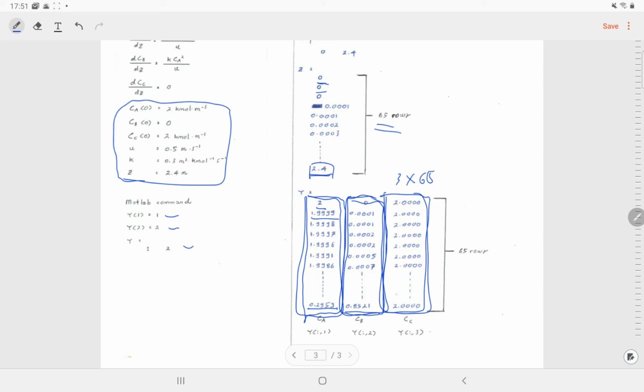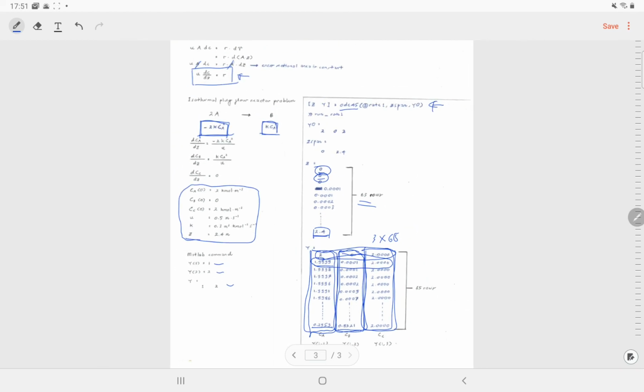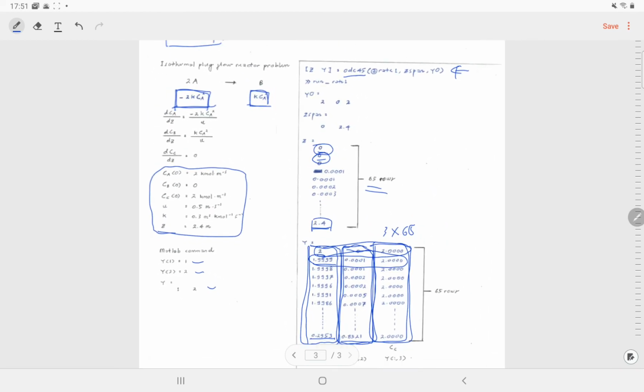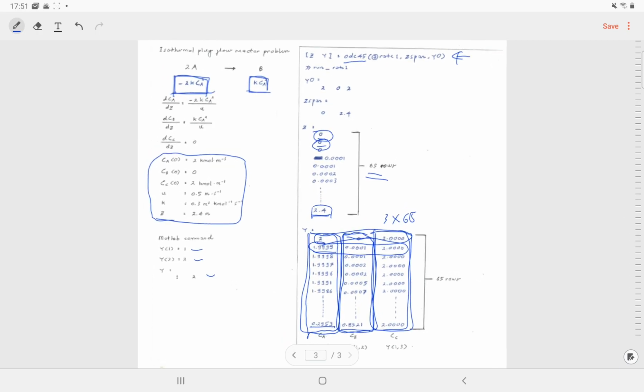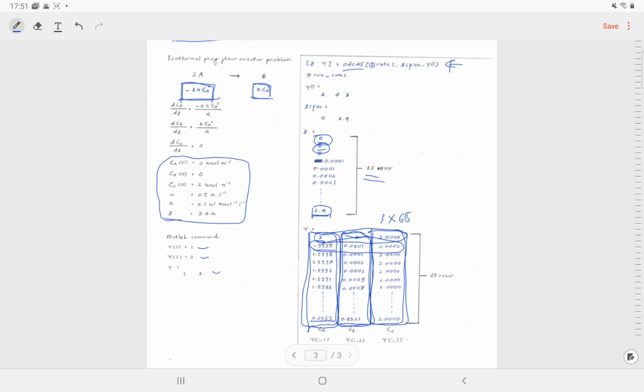As we can see in here, each of these values corresponds to a particular value of Z. So the MATLAB code in here is just processing based on the respective value of Z. If you understand the logic, then it should be easy for you to use MATLAB.